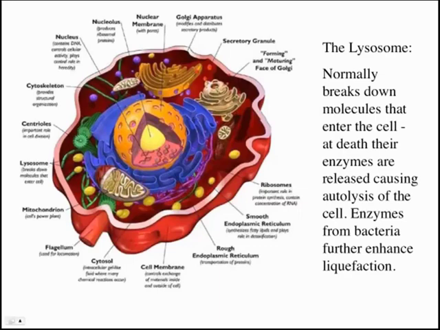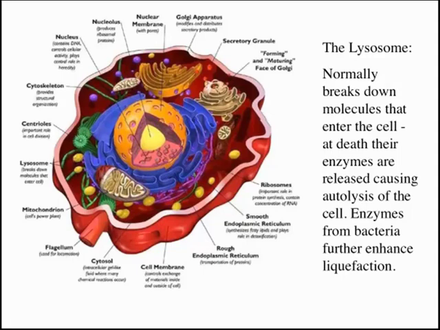And here's the cell. And I want you to focus on one of all these little guys inside here. They're called organelles. You probably remember this from bio class, and some of you are probably going, oh boy, here we are back in bio class. But this lysosome, its main job is to break down molecules that enter the cell so the cell can use or digest them. You can think of it as the stomach. And in our stomach, as you know, it's full of acid. Our cecum is full of dangerous bacteria that we keep in check.